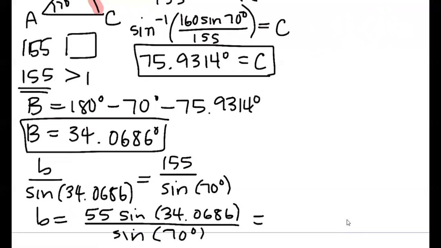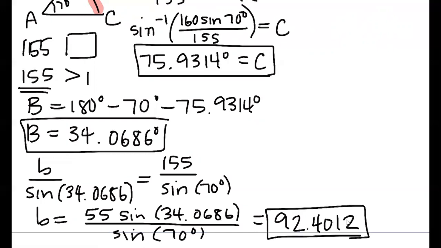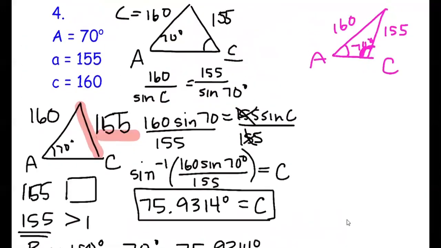I'm finding that the first side B is 92.4012. A good way to check these is to make sure that the smallest angle is across from the smallest side and the biggest angle is across from the biggest side. And that's good for what we've got right now. The black triangle, we're good to go.